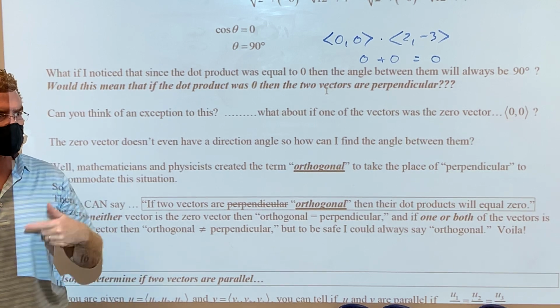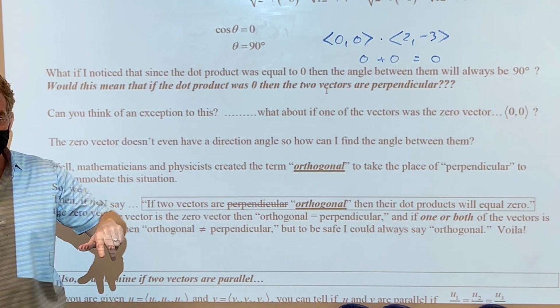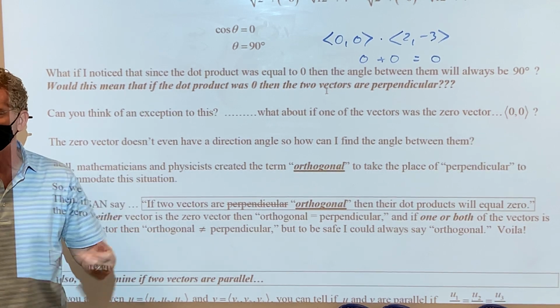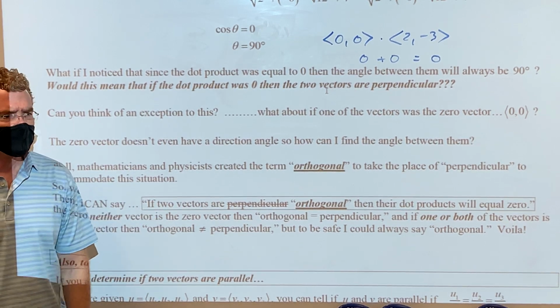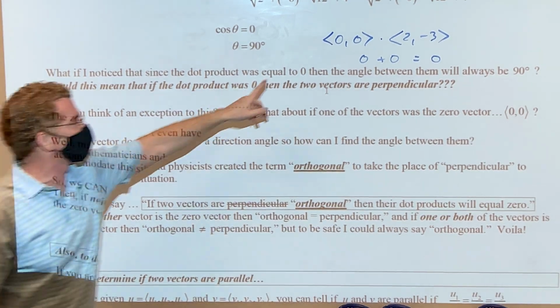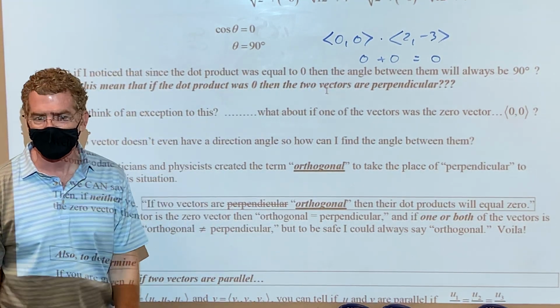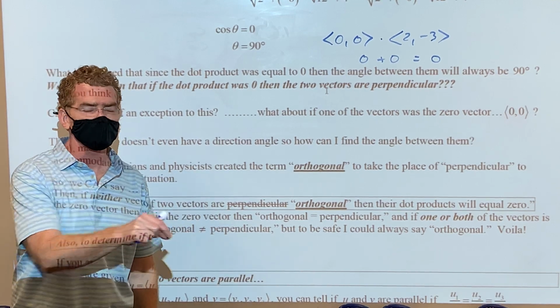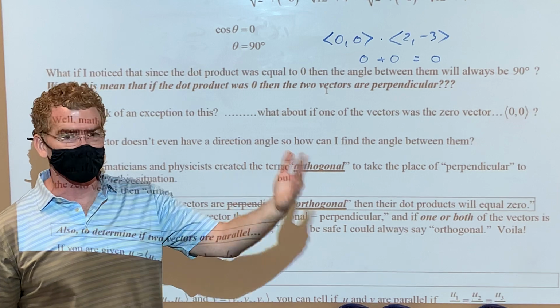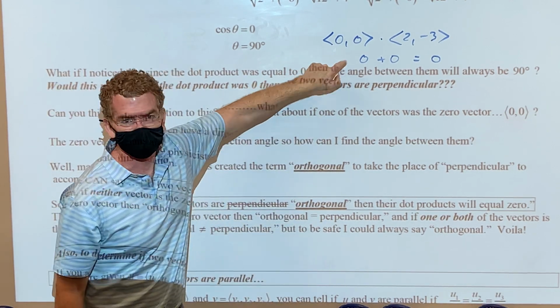You do inverse tangent of y over x, right? Well, a 0 vector, 0, 0, would be inverse tangent of 0 over 0. Doesn't even make sense. So the bottom line is, I can't say that they're perpendicular if one of them doesn't even have a direction. So the flaw in that statement, if the dot product of 2 vectors is 0, they're perpendicular, is broken by this.